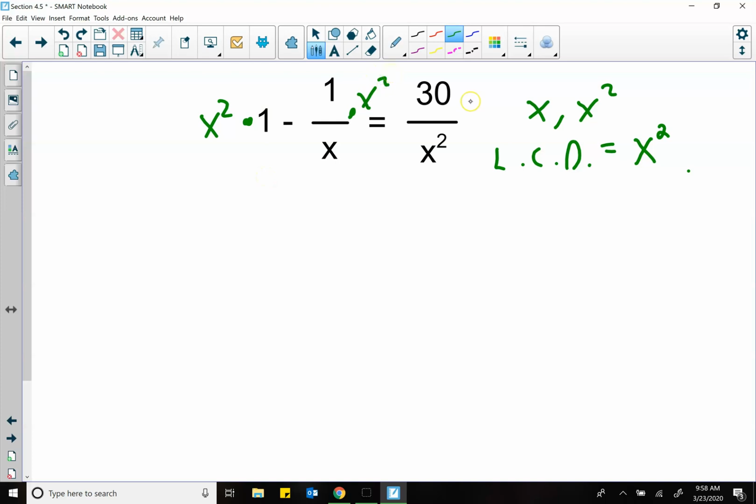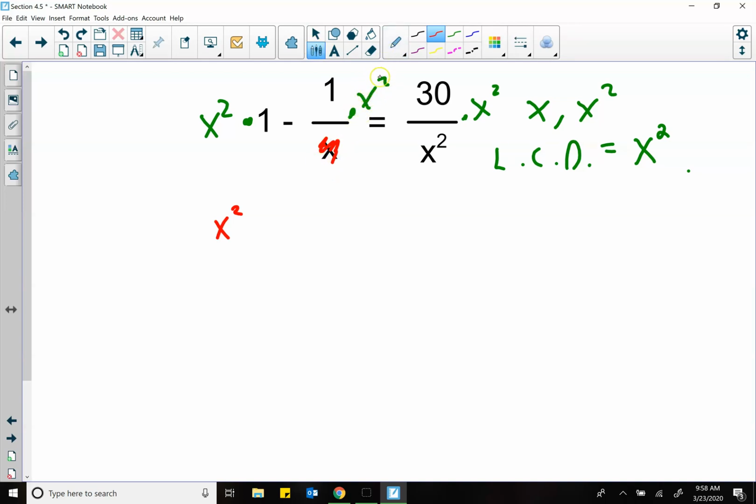The 1 over x gets an x squared, and you get an x squared. Okay? So again, now we just start seeing what we have left after we clear these fractions. So there's no fraction to clear here. So what's x squared times 1? X squared. Okay? Well, here, this x is going to go away. And this was a battle.